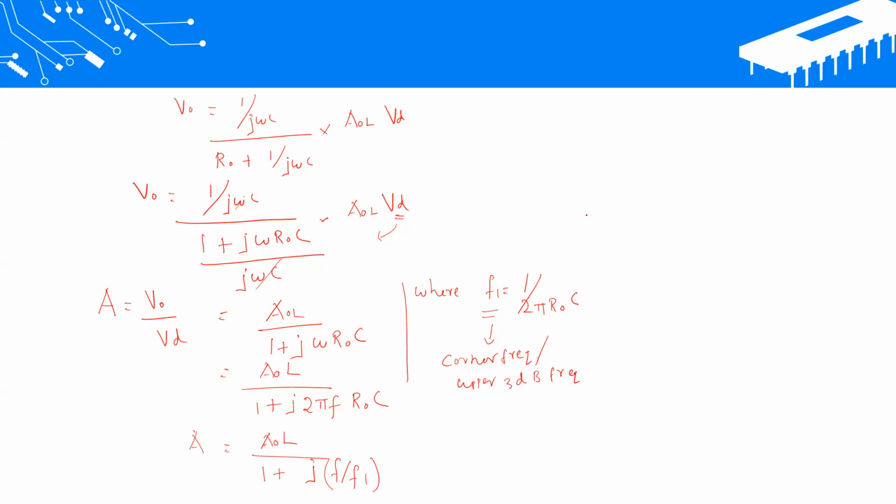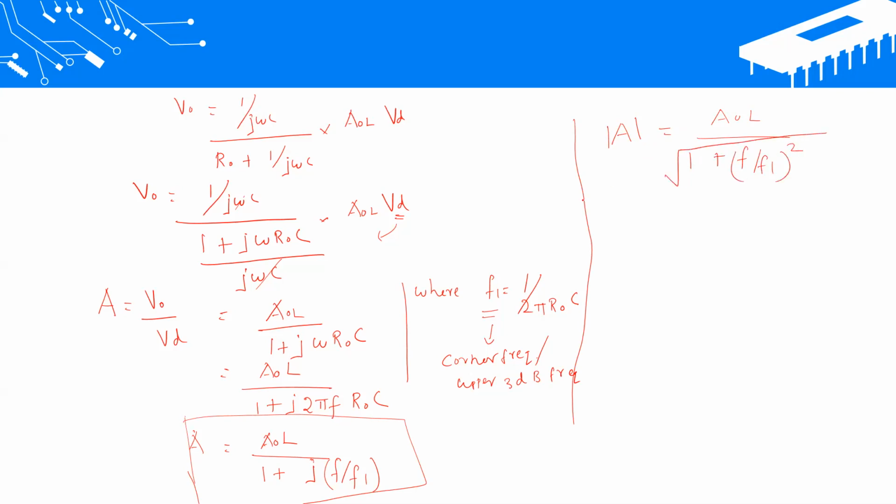So for the gain A, we have to find the magnitude as well as the phase. First, we have to find the magnitude. In this equation I am taking the absolute value: AOL divided by the root of 1 plus f by f1, the whole square.